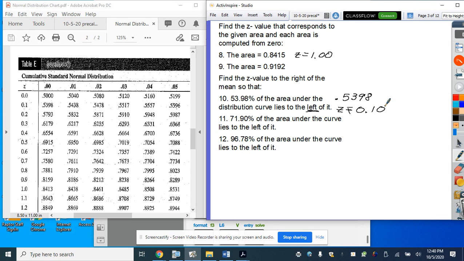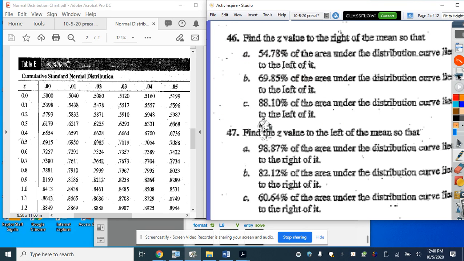All right, so we're going to look at a couple of these, and we're going to go through and find these, and all of these I think are given as percents, just to give you some practice. So this is 54.78. So again, it's positive. It's on the positive side because it's bigger than 0.5. So I'm going to be looking for 0.5478 on my chart. That's what I'm looking for.